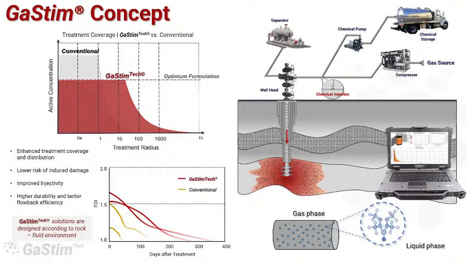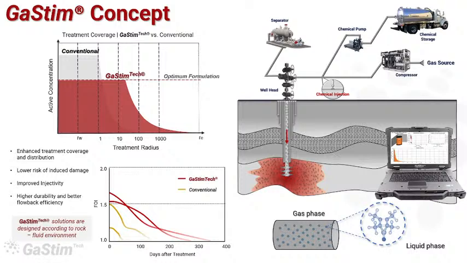And it basically consists of introducing chemicals into the gas stream in order to build a stable chemical and gas dispersion. So by accomplishing that chemical and gas dispersion, we can see great advantages and positive effects when we compare it to conventional liquid-based applications.